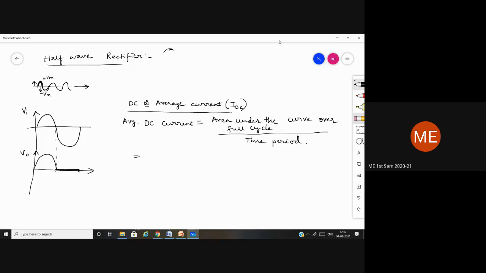So area under the curve means we need to talk about this one, average DC current.